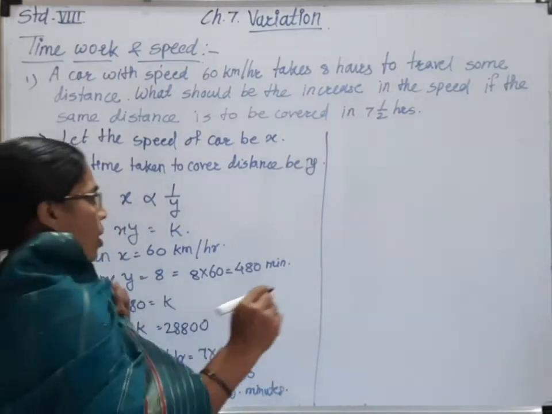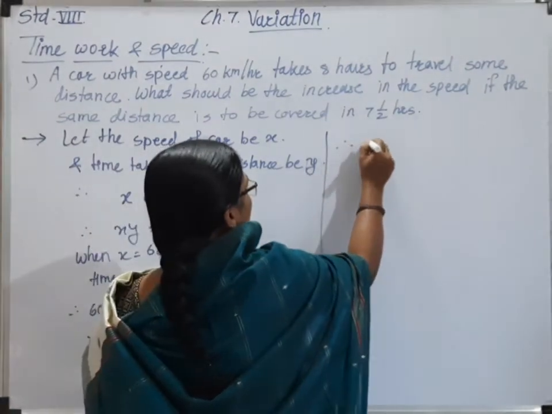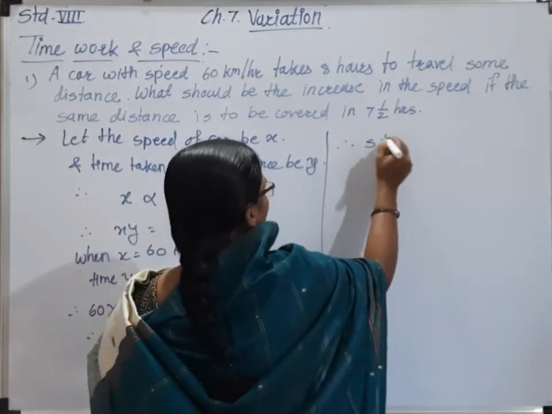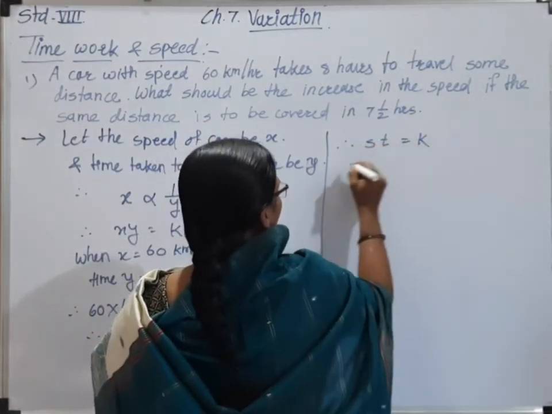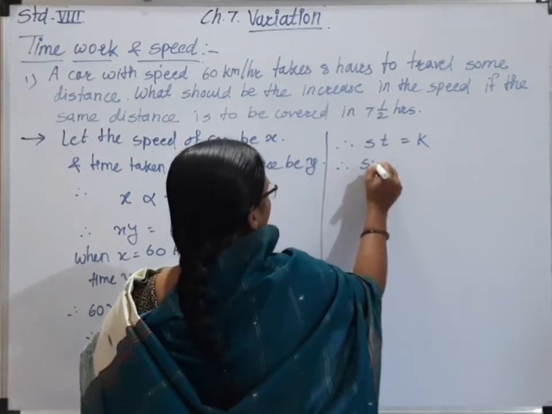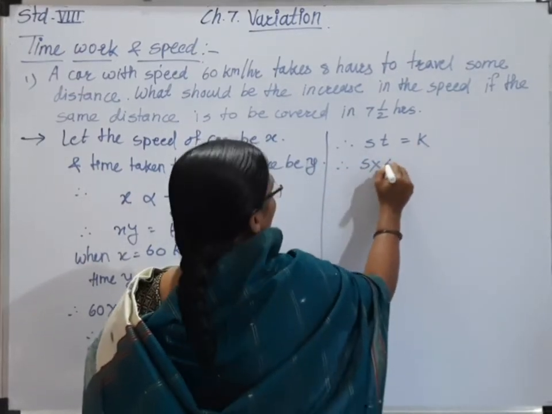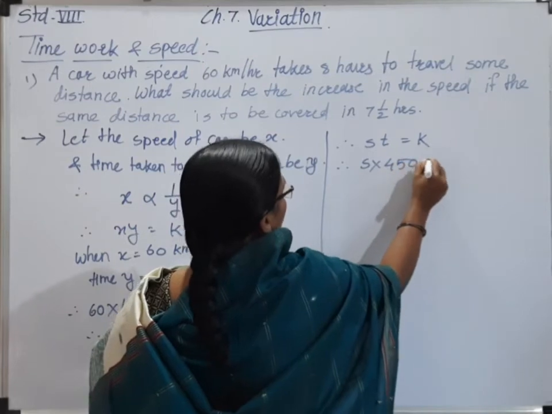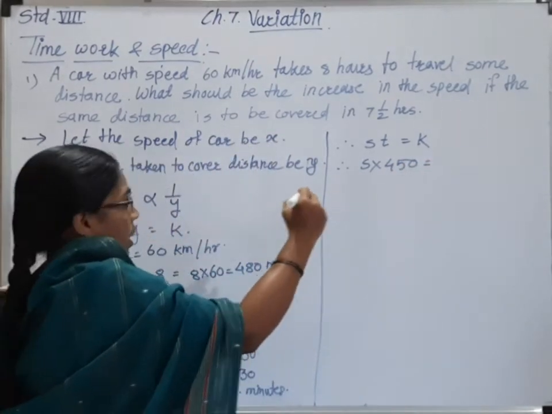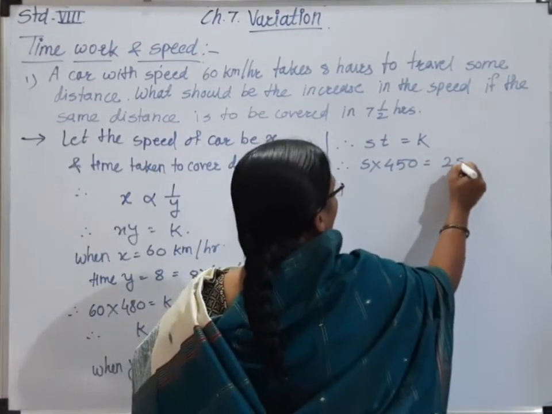And again we write this equation: therefore S into T is equal to K. Therefore S times the time taken, 450 minutes, and K is equal to 28,800.